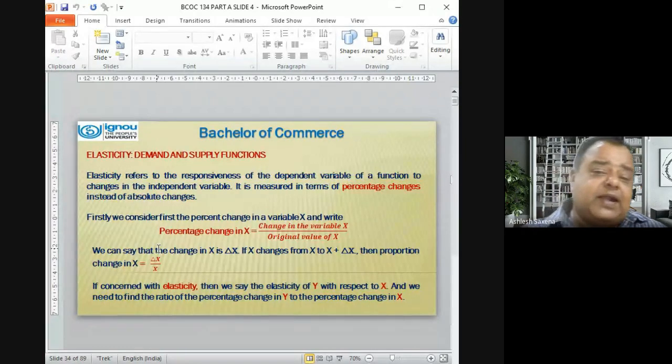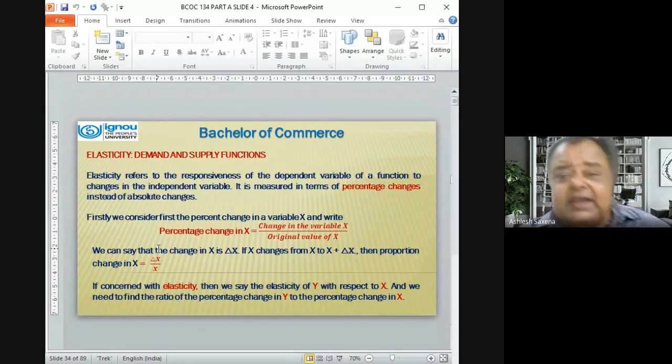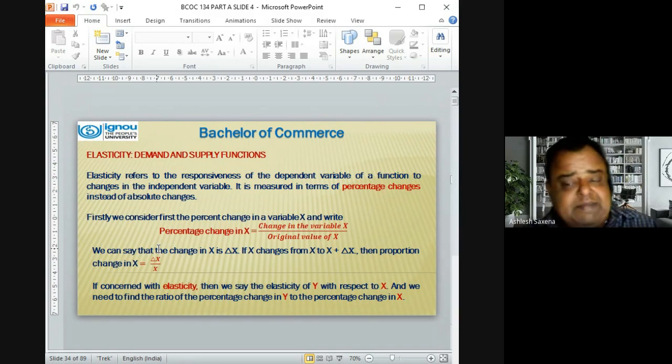Now, next part is elasticity, demand, and supply function. Elasticity refers to the responsiveness of the dependent variable of a function to changes in the independent variable. It is measured in terms of percentage.